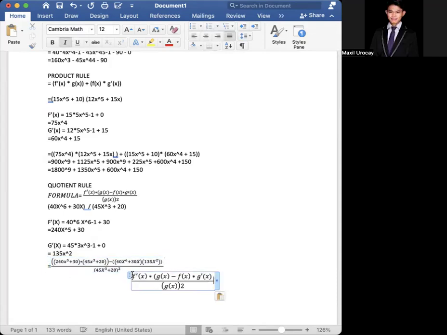So right now, after you were able to conduct the 240, we'll times that here. 240 times 45, that is indeed 10,800 x to the power of 5 plus 3. 5 plus 3, that is 8.